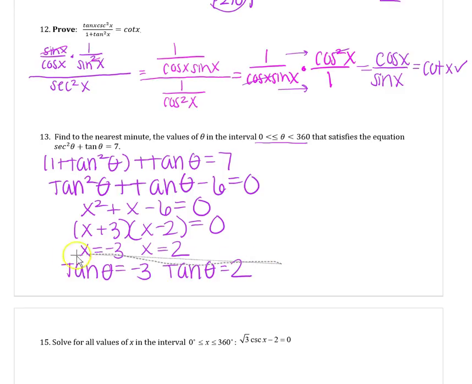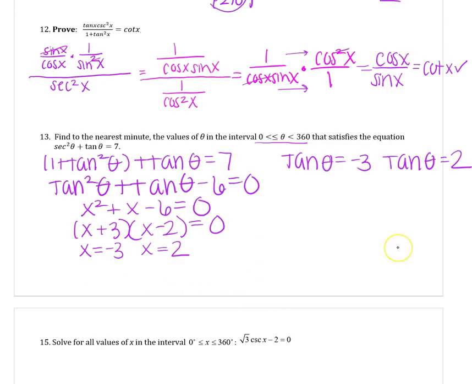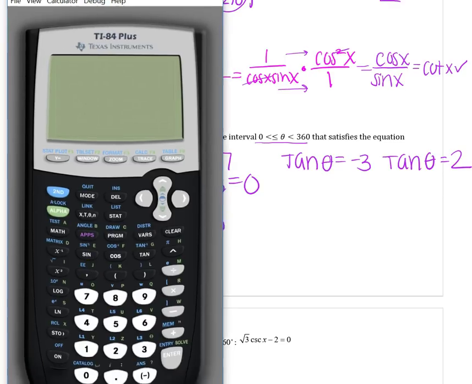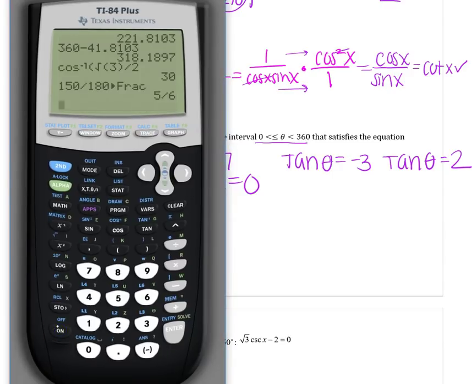I'm going to relocate this because I'm running out of room. Okay, so we're up here, right? Move this up a little bit. Okay, in my calculator, I'm going to do inverse tan of 3.